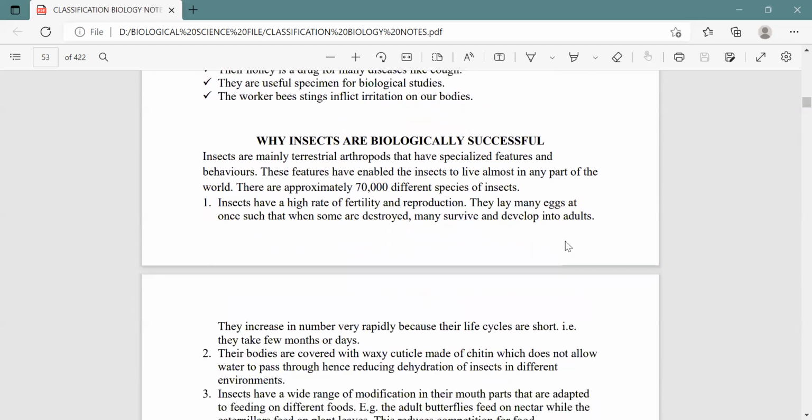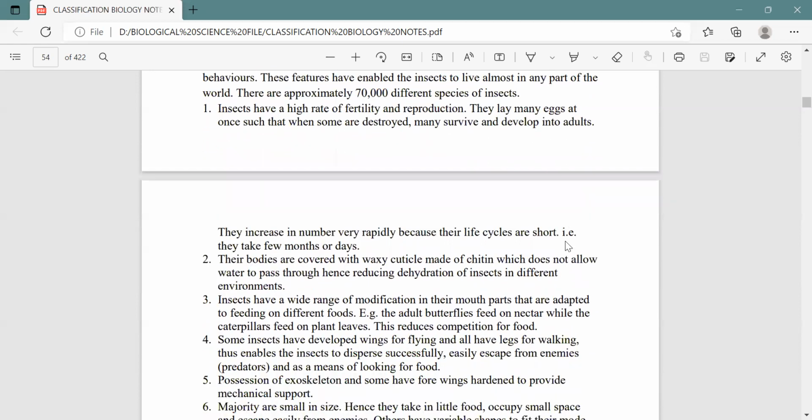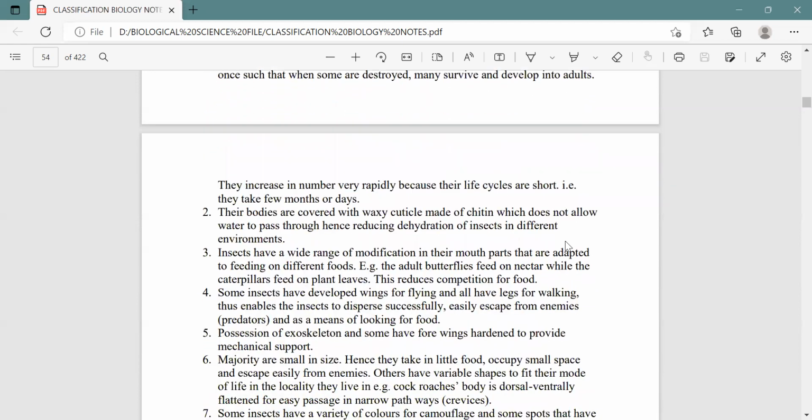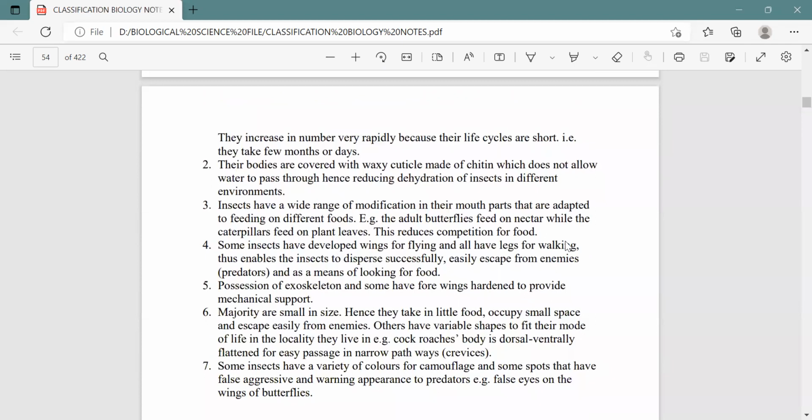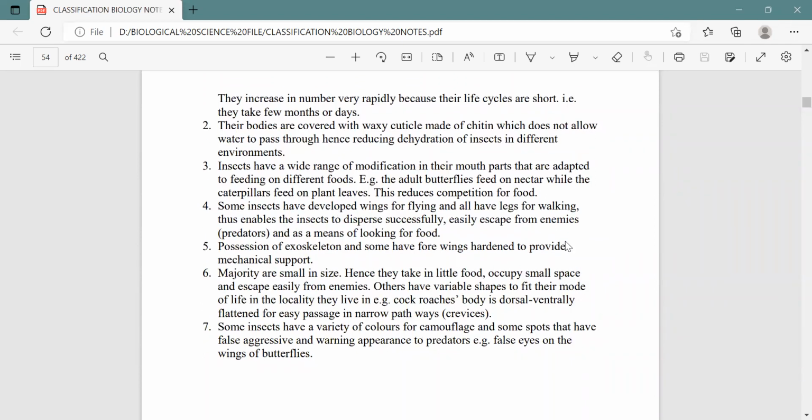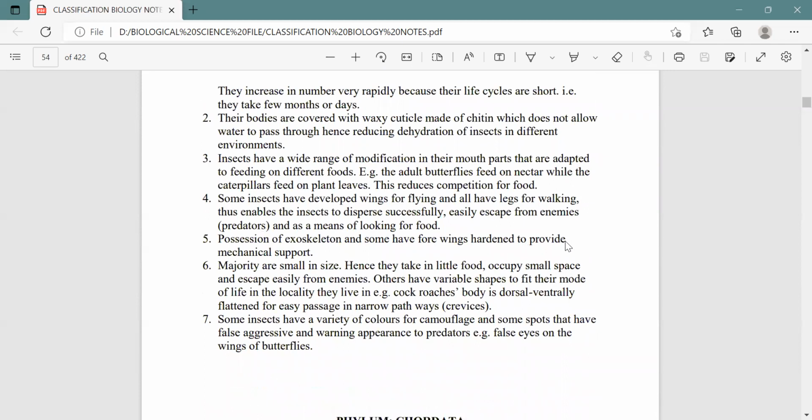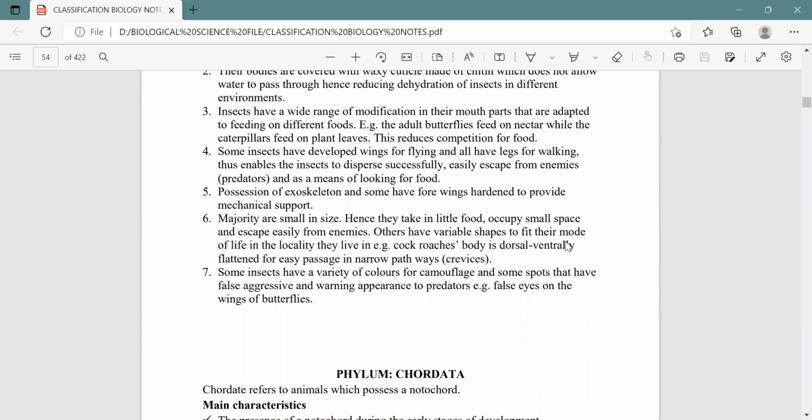The points are there. High rate of fertility and reproduction, bodies covered with exoskeleton and wax cuticle made up of chitin, wide range of modifications in their body parts, enabling them to feed on different foods. They have wings for flight and legs for walking, enabling their quick dispersal and escape from their predators.